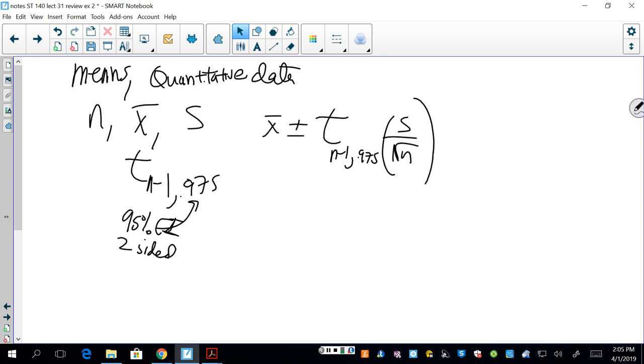For the one sample test about means, there's a sample size formula as well. We can figure out approximately how many subjects to use to get a certain accuracy. So if the margin, X bar plus or minus the margin of error, that plus or minus amount is this.